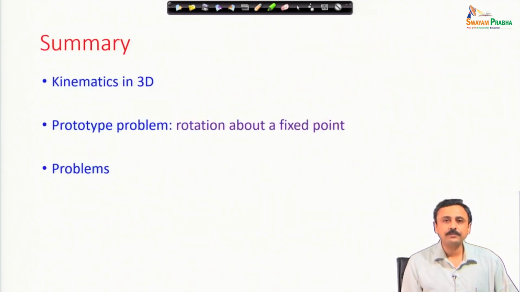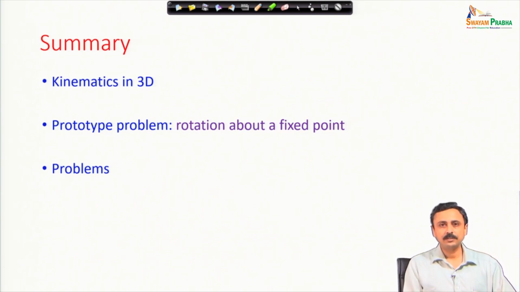To summarize, we have discussed the kinematics in 3 dimensions, we looked at the prototype problem, and whatever examples we have discussed all fall under that prototype system, which is an axisymmetric body rotating about a fixed point. You should remember how the frames were constructed. There is of course no single way to construct the frames, but we have taken problems in which we have constructed frames in different ways.